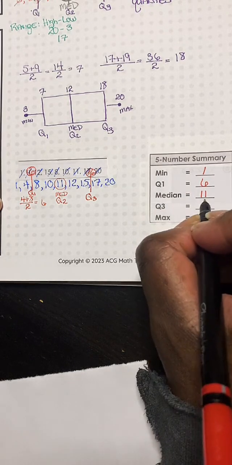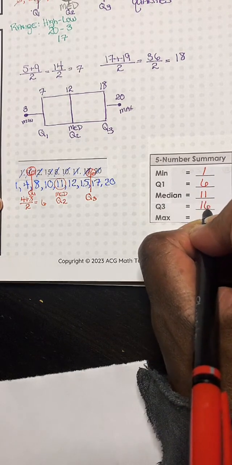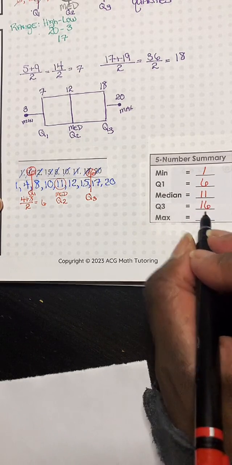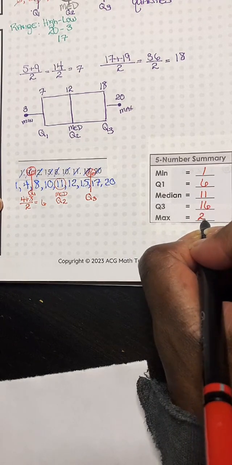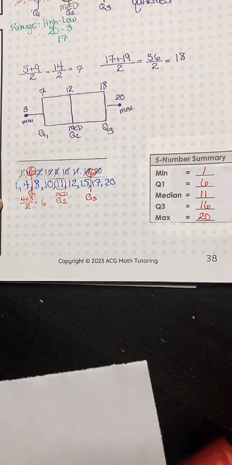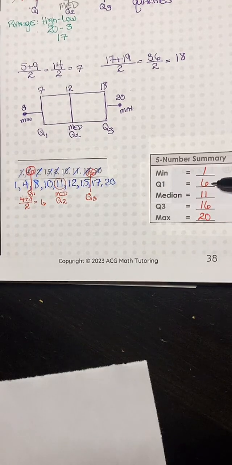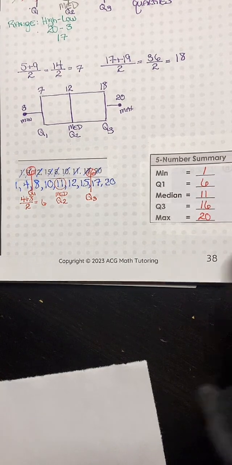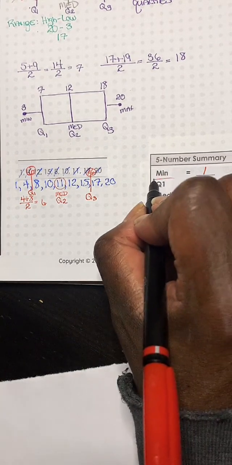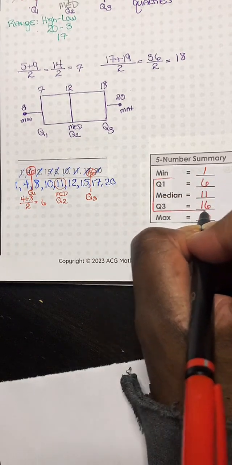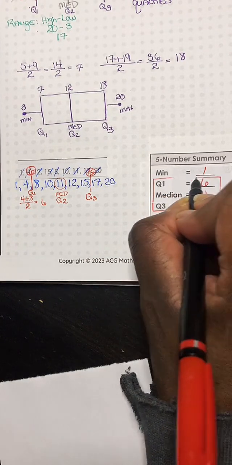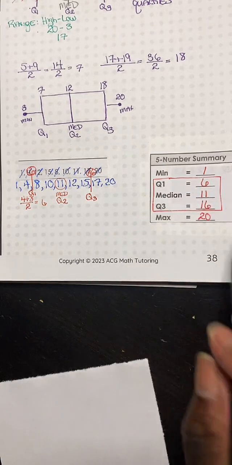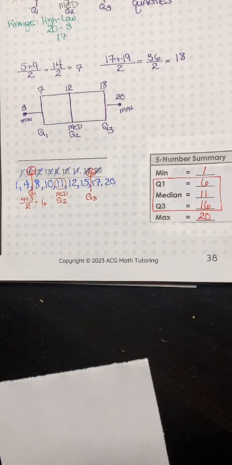The third quartile is 16. And the maximum is the highest number, which is 20. So your Q1, your median, and your Q3 make up the box.